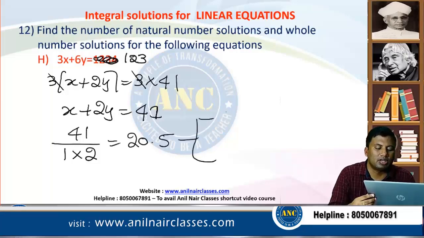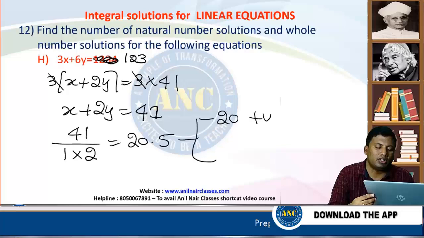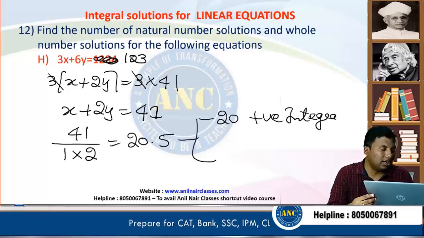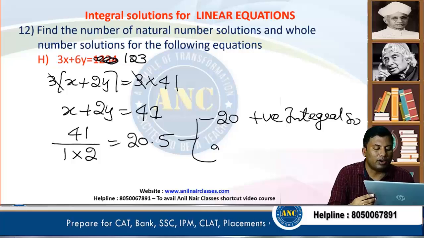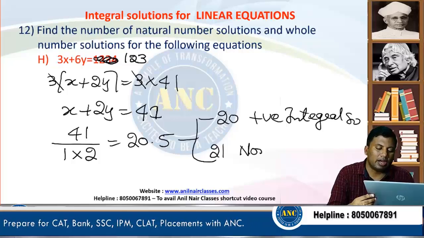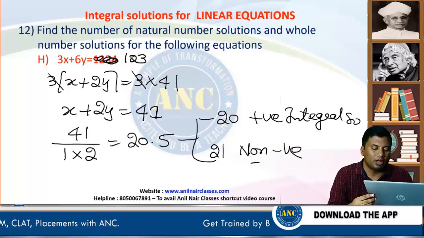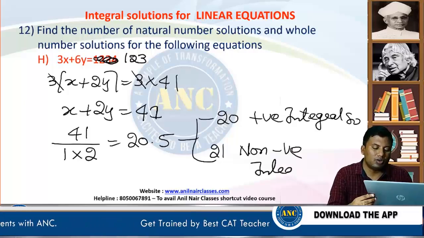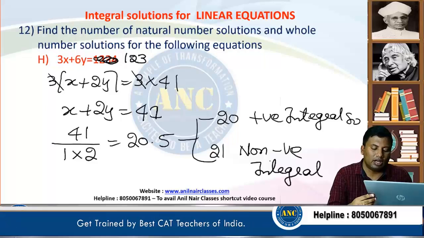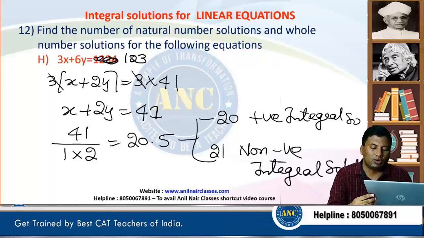Ignore decimals. So 20 will be the positive integral solution and 21 will be the non-negative integral solution.